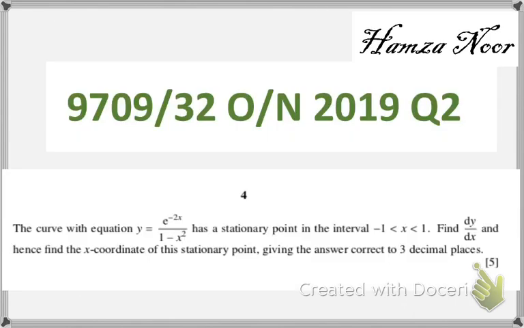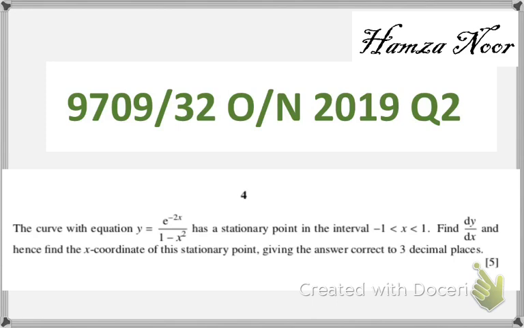Okay, now coming back to the question again, what was the requirement? Always remember the requirement and read the question again and again, so that you must avoid any sort of mistakes. So the question says that it has a stationary point in the interval minus 1 to 1 exclusive. So this means that you need to find the x coordinate of this stationary point. So there is only one stationary point, and you need to give your answer correct to 3 decimal places.